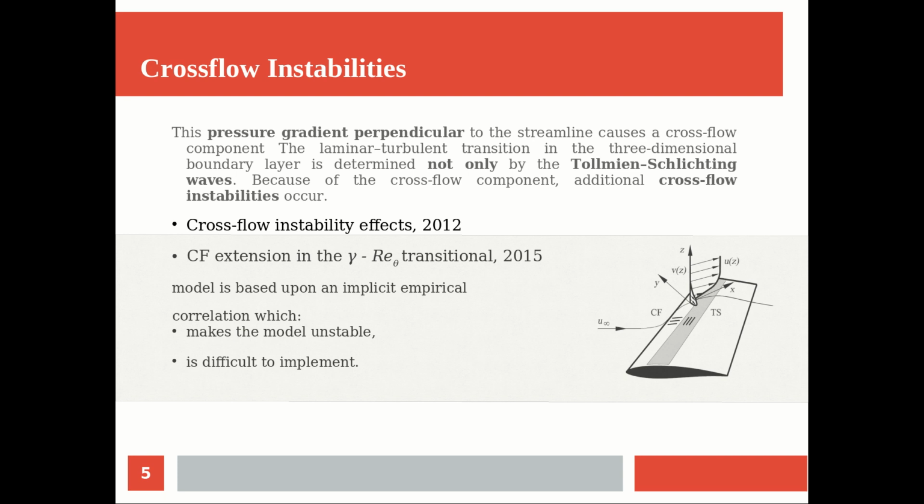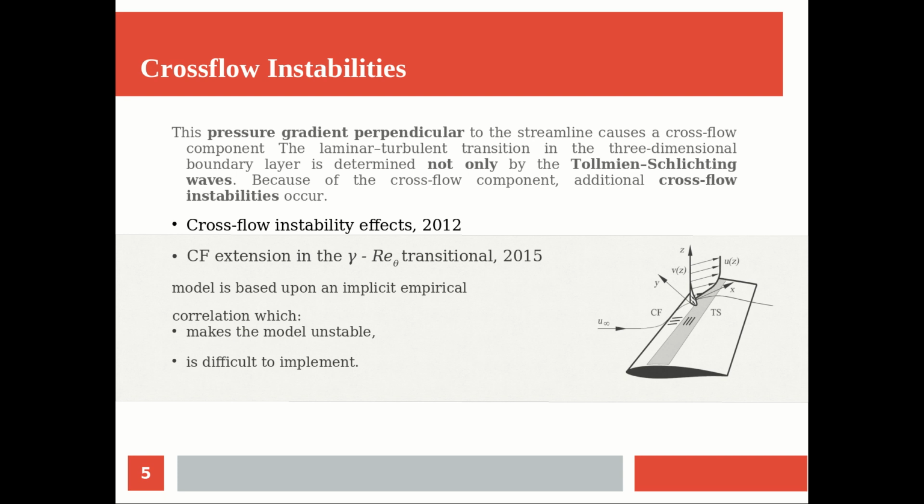You have to consider it. In 2012, a group considered crossflow instabilities coupled with Wilcox K-omega, and they calculated omega for crossflow instabilities, or intermittency in crossflow. They combined it with the omega equation.